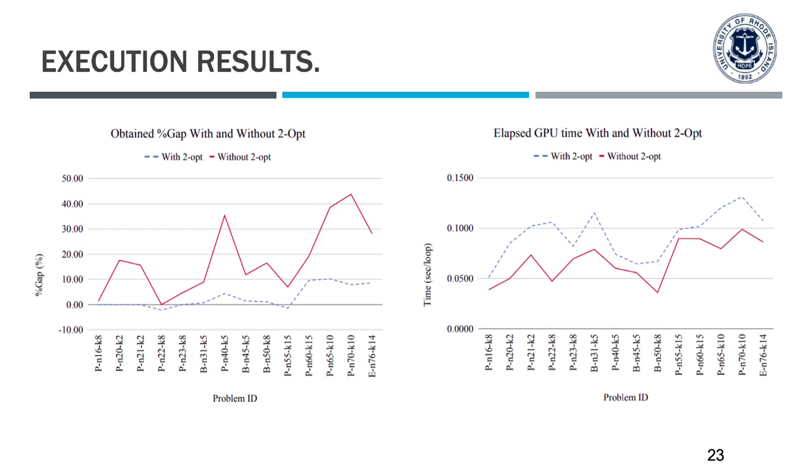However, the figure on the right side shows the increase of execution time if we use the 2-opt algorithm in our software. But this is an acceptable cost to pay to get a better solution quality.